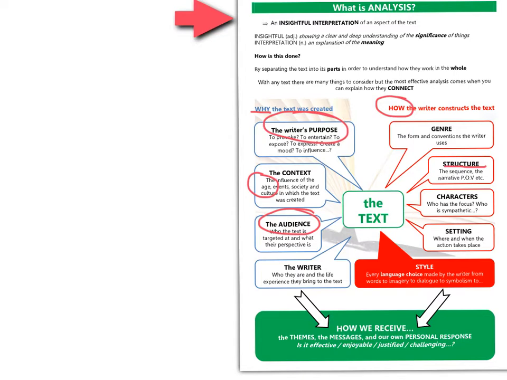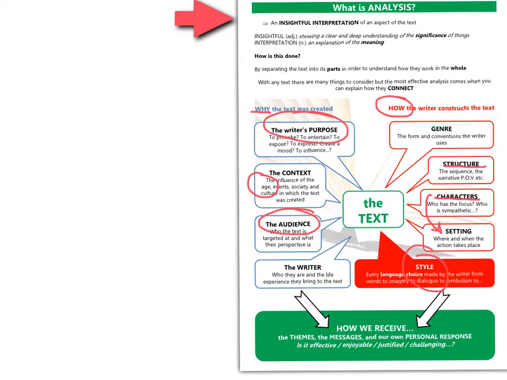Obviously, that's in the tragedies. How the writer created characters is also very, very important, and put those characters into certain settings and environments. One of the important terms that I like to relate to as regards to how the writer constructs the text is the word style. What is the writer's style?